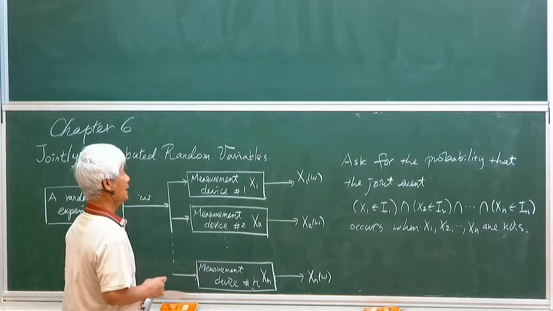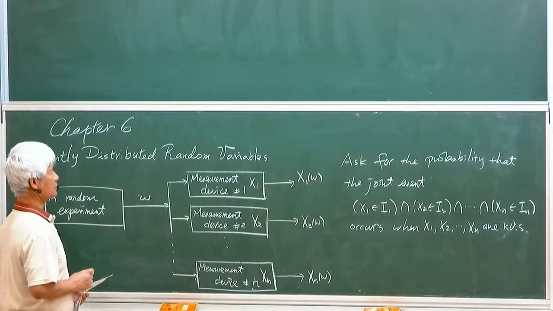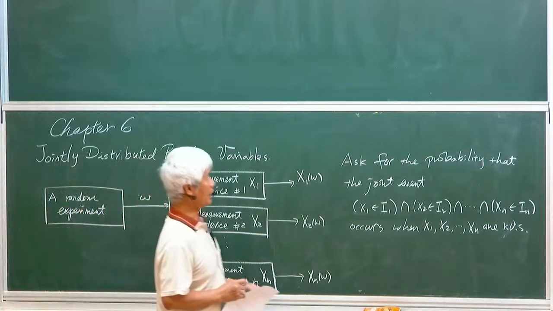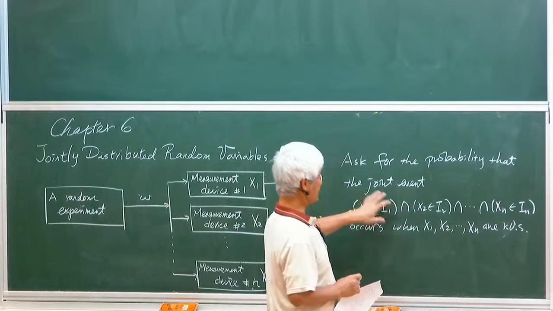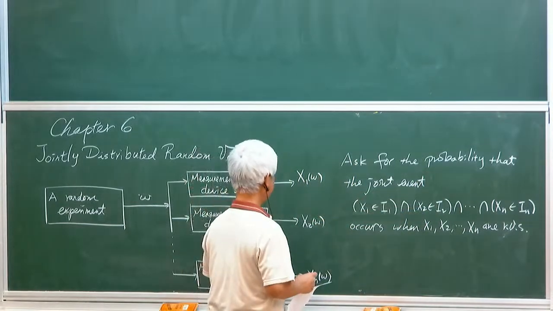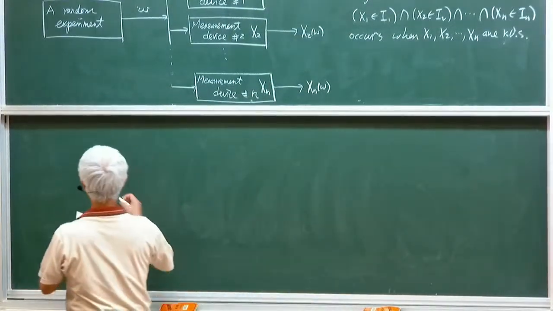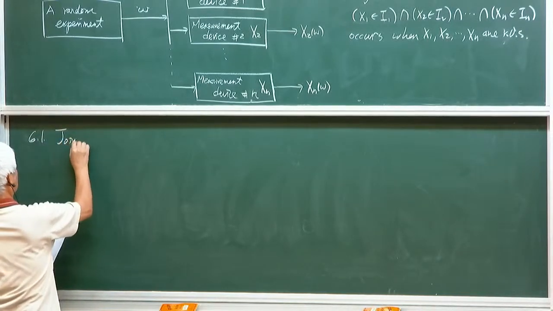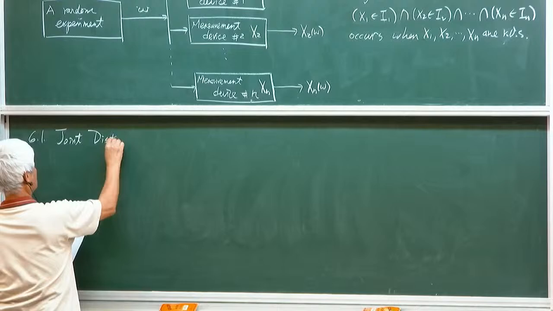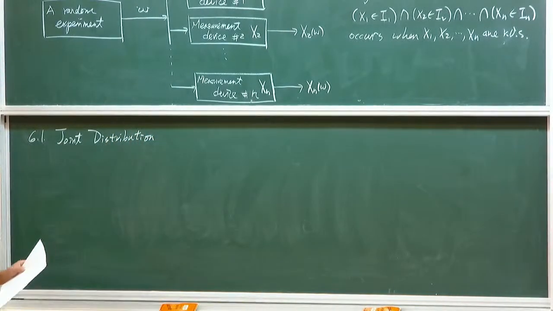Okay, so this chapter is to describe how we can compute the probabilities of joint events like that. And so we'll talk about joint distribution functions, as we have done before for a single random variable.